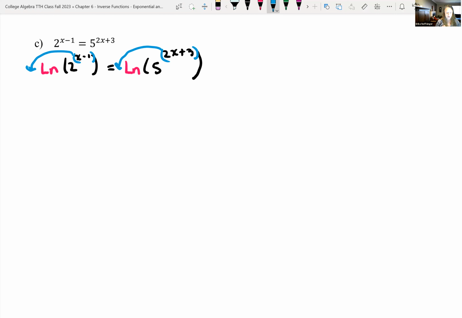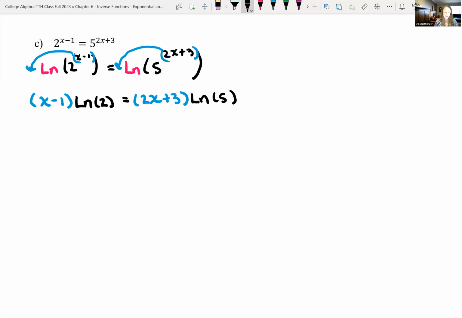Notice they'll have more than one term in that exponent. So we need parentheses around that whole exponent, or what you're writing is not mathematically correct. So we have that quantity x minus 1 in parentheses times the natural log of 2 is equal to parentheses 2x plus 3 in parentheses all times the natural log of 5.